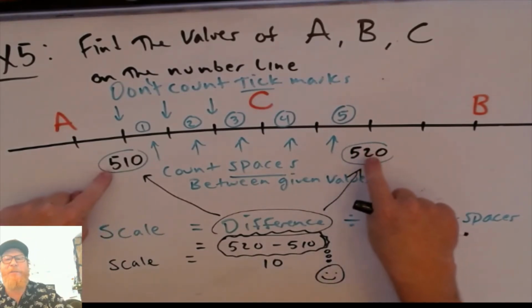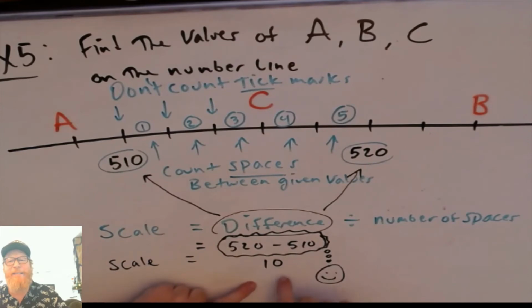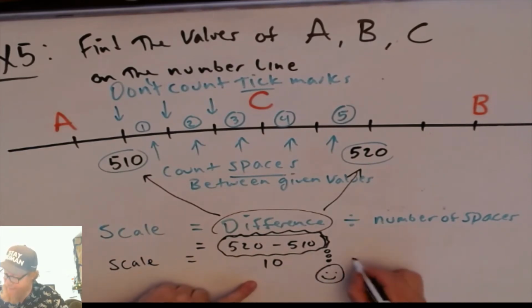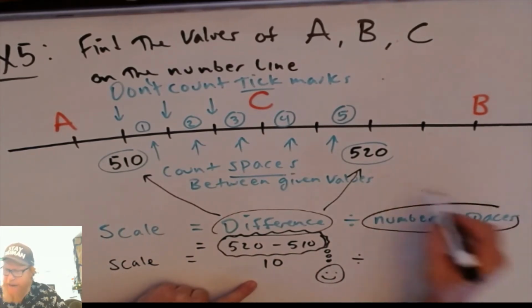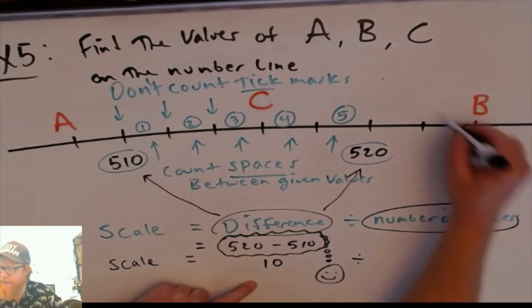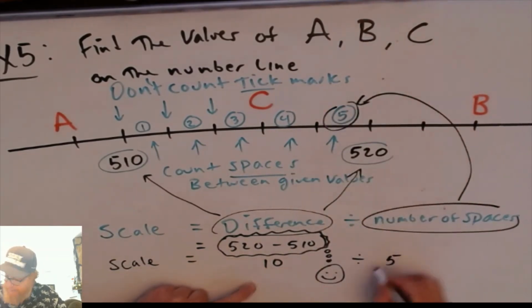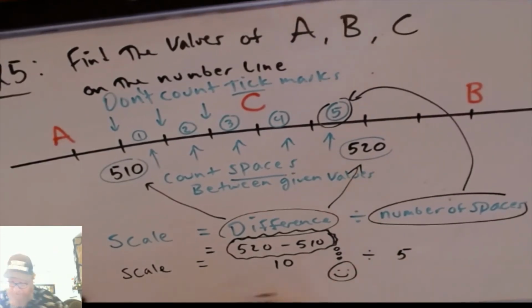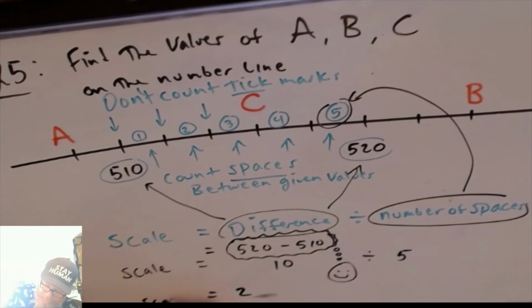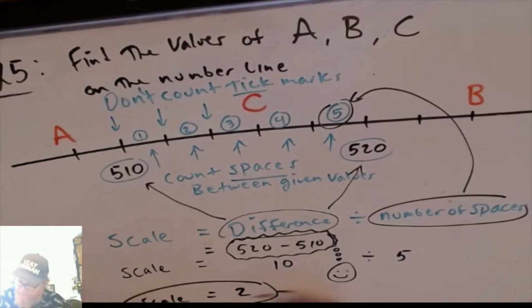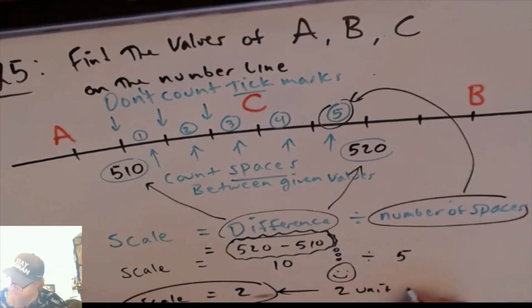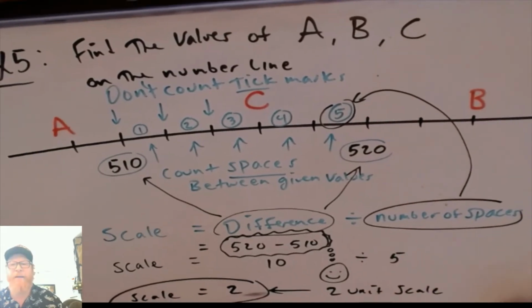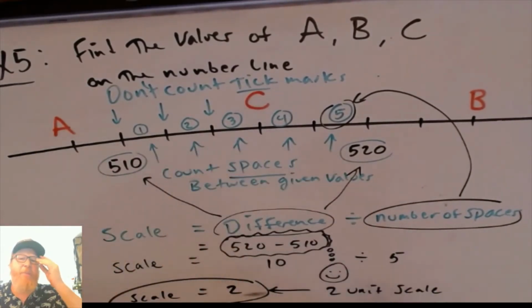The difference between 520 and 510 is 10. Divided by the number of spaces. There are 5 spaces. So 10 divided by 5, the scale is 2. So this is a 2-unit scale. That means that each space represents 2 units.